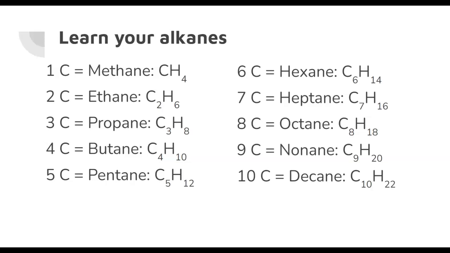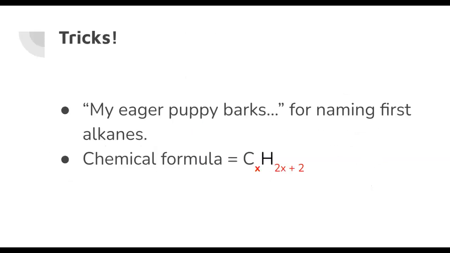So if I ask you, what is the chemical formula for propane? You would chant to yourself, my eager puppy barks. That's the third word, so it must have 3 carbons. And then when I know that I have 3 carbons, I multiply 3 by 2 and add 2, and that gets me C3H8. So a good part of your class today is actually learning these alkanes because you'll be given a quiz next class period.